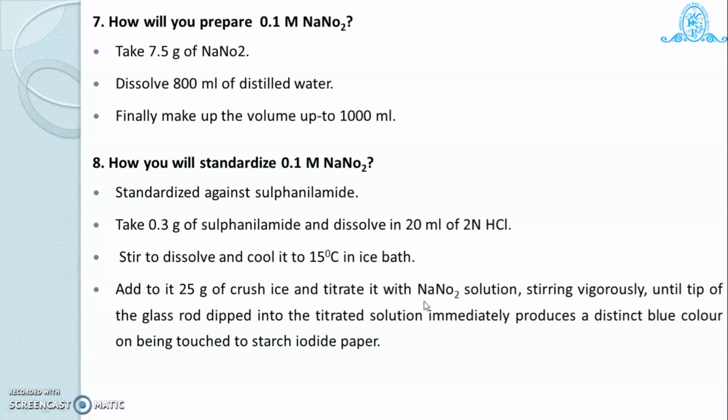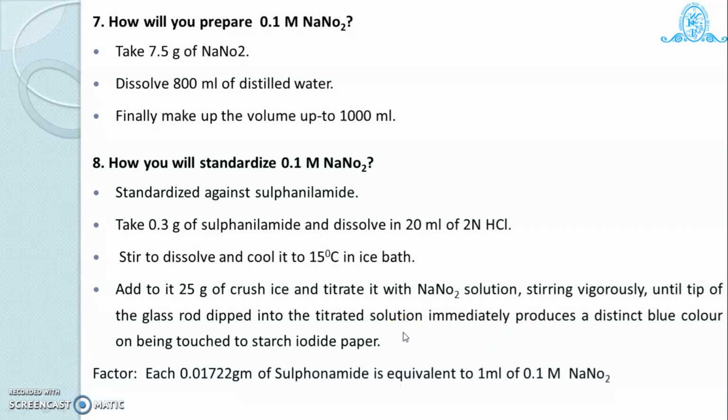Stir vigorously until the tip of a glass rod dipped into the titrated solution immediately produces a distinct blue color on being touched to starch iodide paper. For calculation, the factor is that each 0.01722 gram of sulfanilamide is equivalent to 1 ml of 0.1 molar sodium nitrite solution.